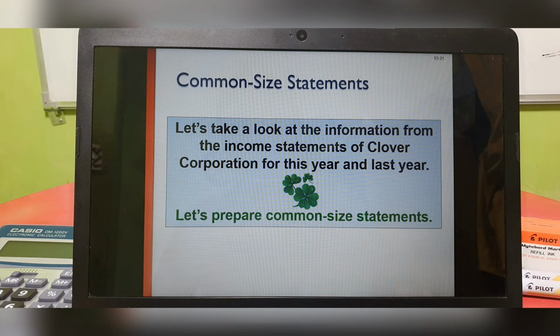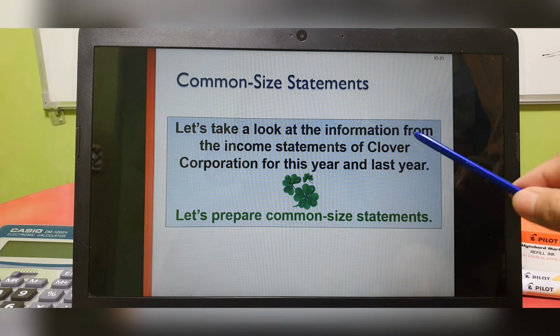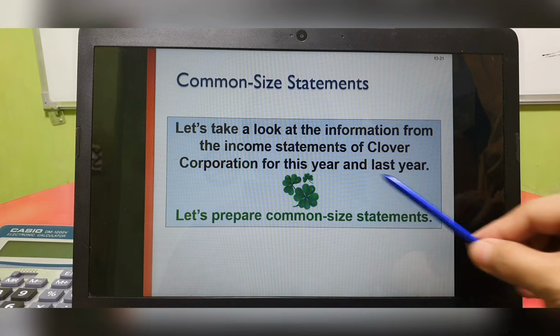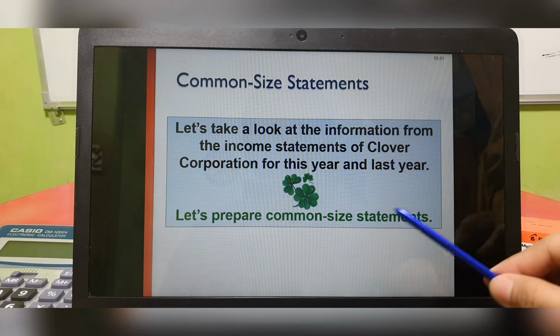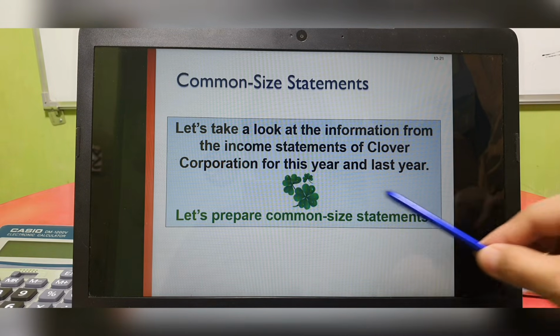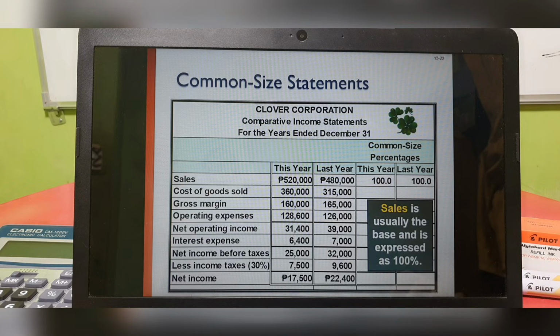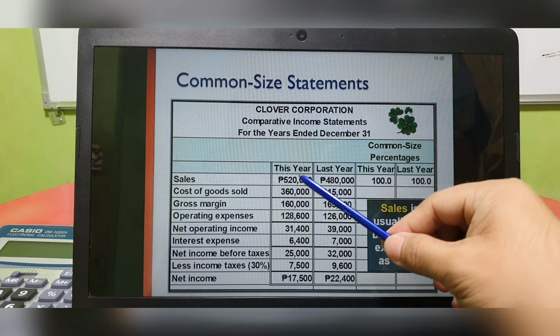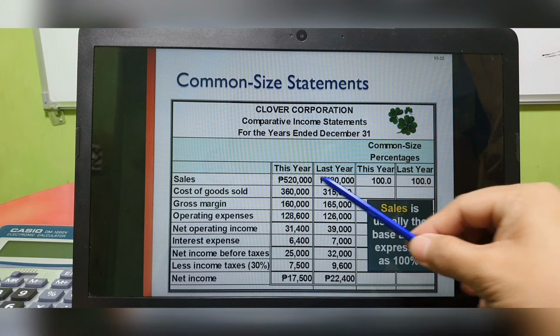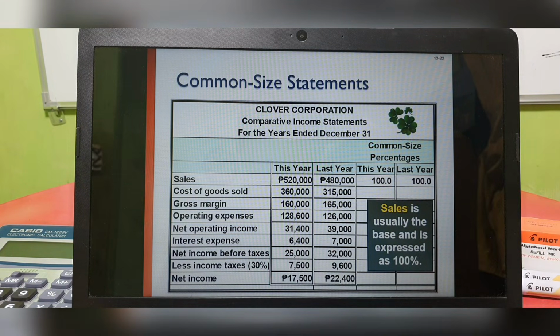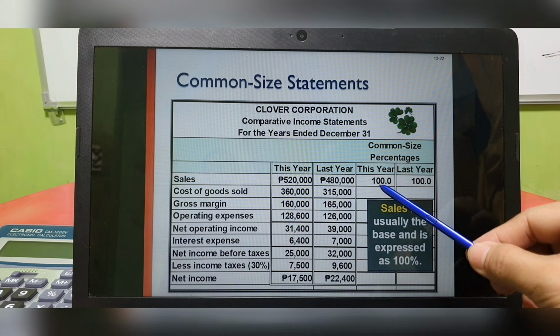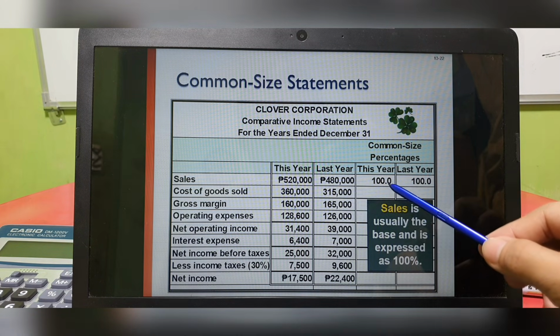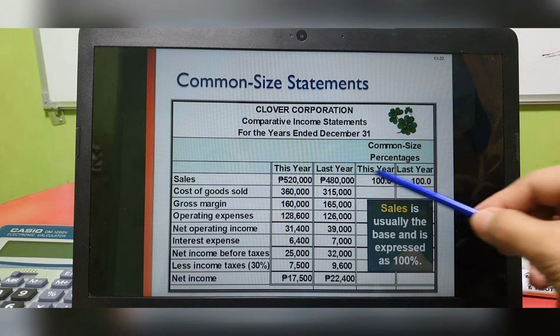Alright. So, I'll be using an example from the Clover Corporation for this year and last year. So, we are going to prepare a common size statement. So, here is the income statement for this year and last year. As you can see, we will express sales as the 100%.